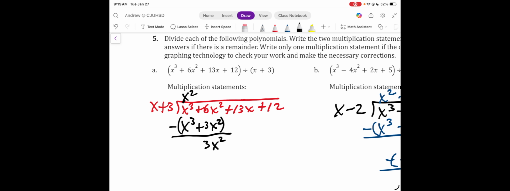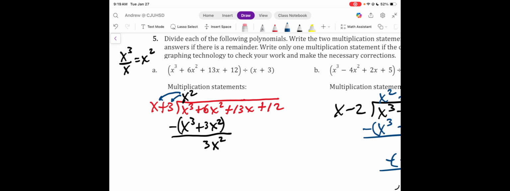So that three-step process will repeat, where you basically divide, multiply, and subtract. This was the division, x to the third over x. That gave us x squared. Then, with x squared, we distributed here to the divisor, and then we just subtracted.